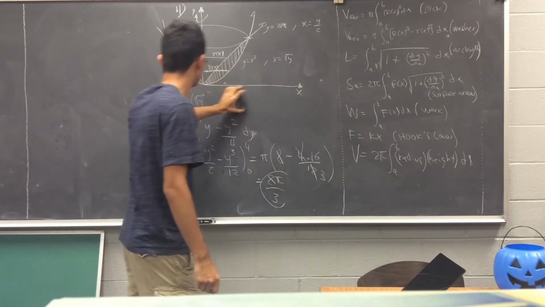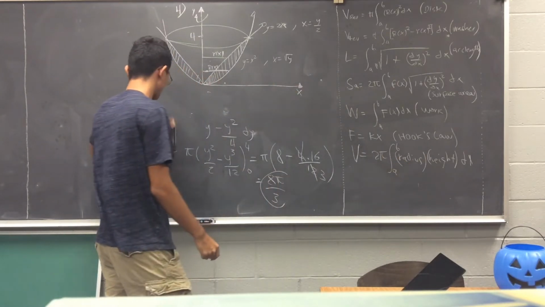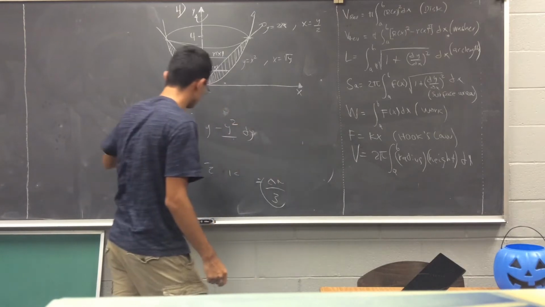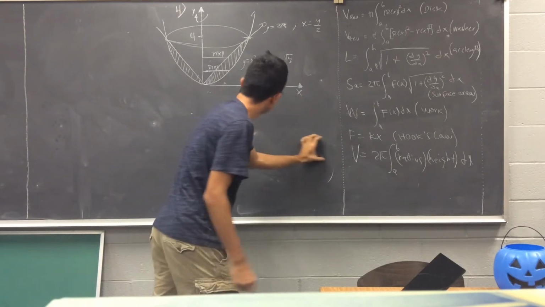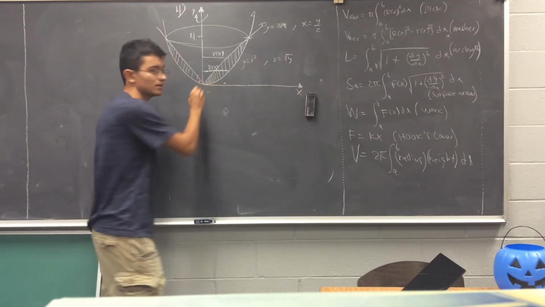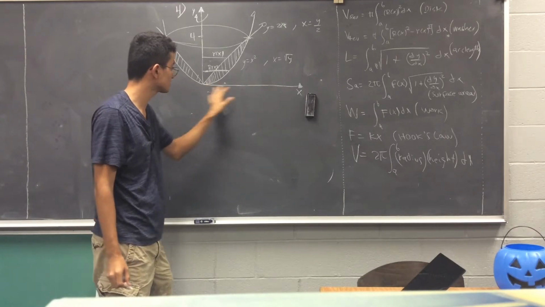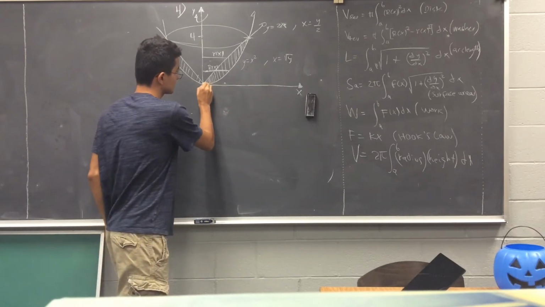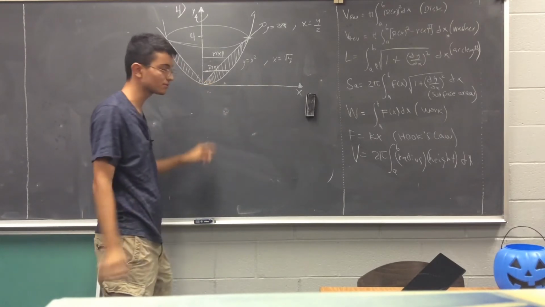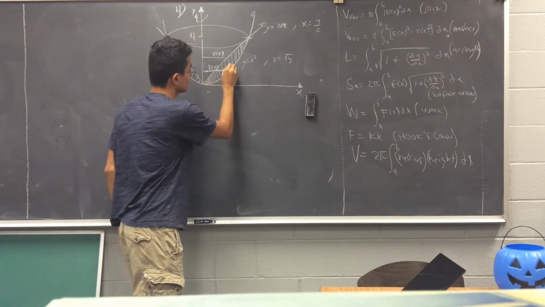Okay. We have to find, of course, what the radius is and what the height is. So let's see what we can do. To use the shell method, we need the radius, right? The radius has to be the change in what variable? We have to find the radius in terms of the change of x, right? So the radius has to go from the axis of rotation, which is y, to any point on the function, right?